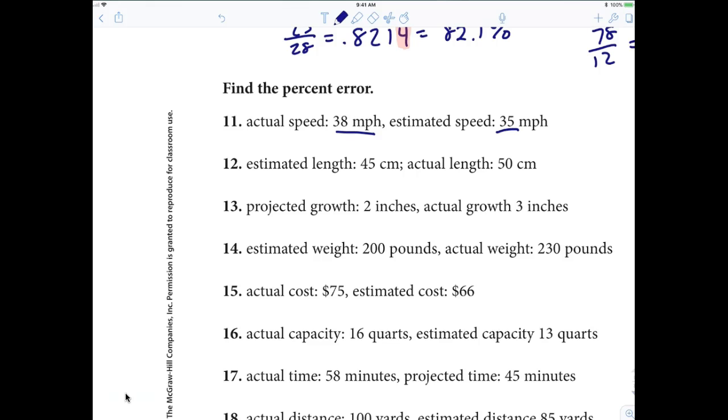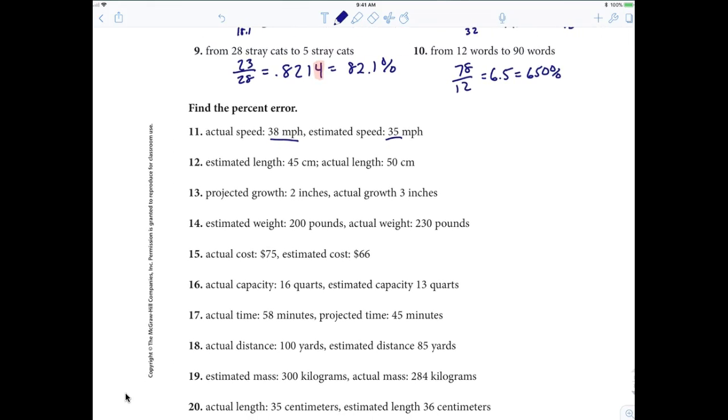So what I want to do is it's going to be the change. What's the change? 3, divided by the actual, 38. That's all it is. I'll just do it. 0.0789.